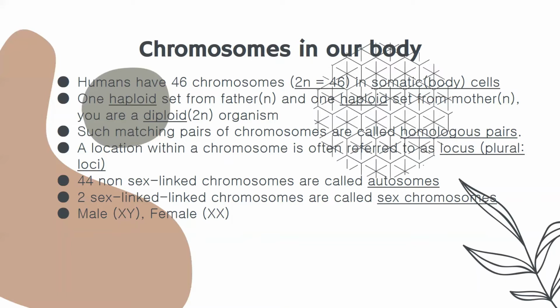Of the 46 chromosomes that we humans have, 44 are not related to sex. These 44 chromosomes are called autosomes. So when someone talks about autosomal disorders, these conditions are not sex-linked. They are probably genetically mutated chromosome conditions, but they are not sex-linked.